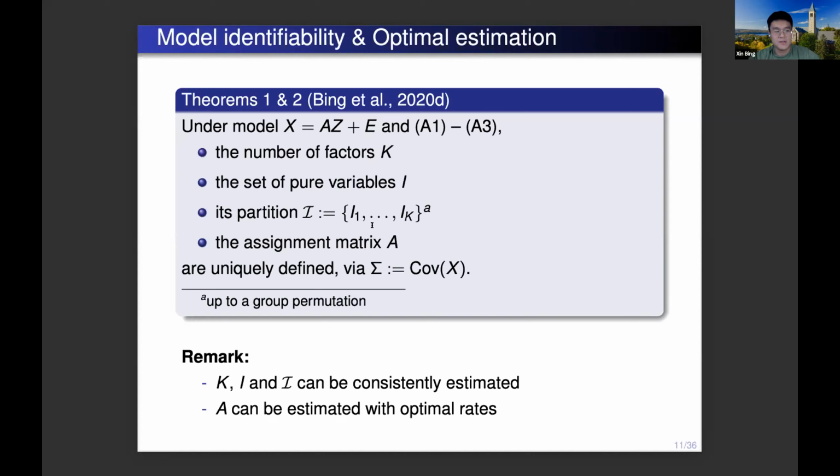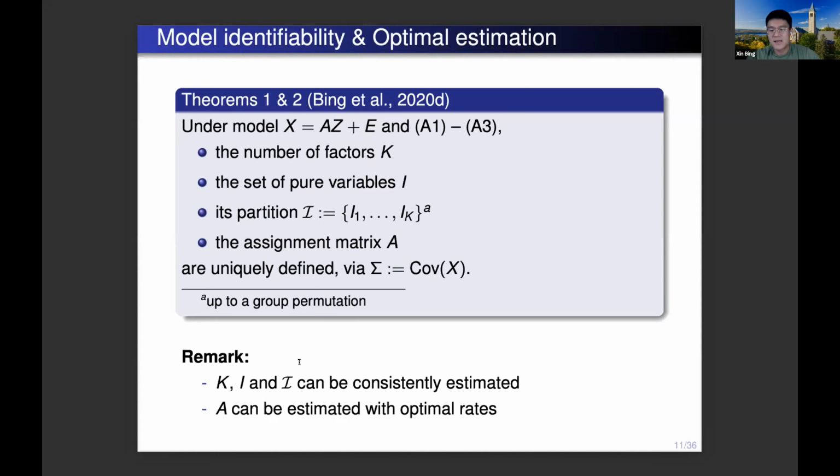All those identifiability results can be easily extended to estimation. By this, I mean the number of factors K, the set of pure variables I, and also its partition can be consistently estimated. And the algorithm for doing this is optimization free and has computational complexity of order p squared.